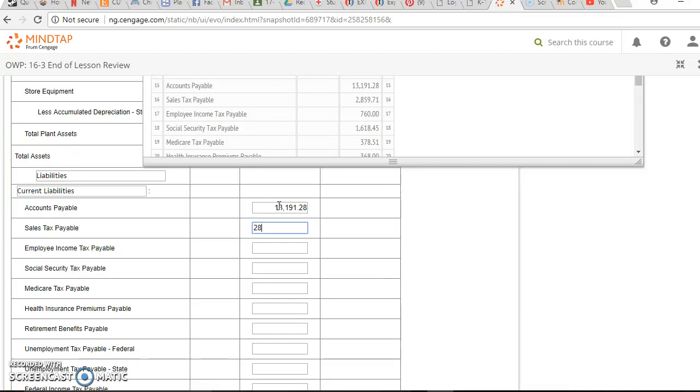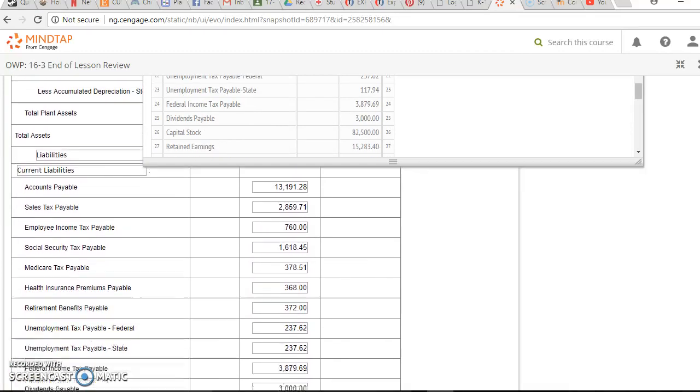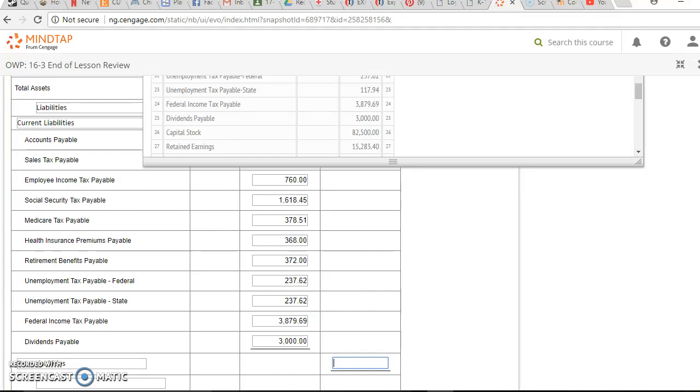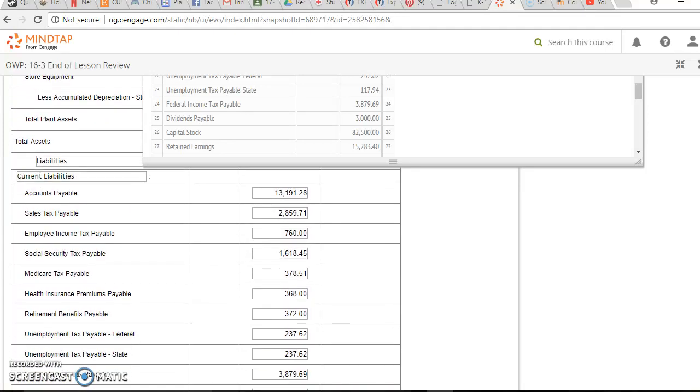Sales tax payable 2,859.71. Employee income tax payable 760. Social security tax payable 1,618.45. Okay, enter all these other numbers and then come back. Okay, so I typed all those in there, and now you're going to total those for total liabilities and then come back.